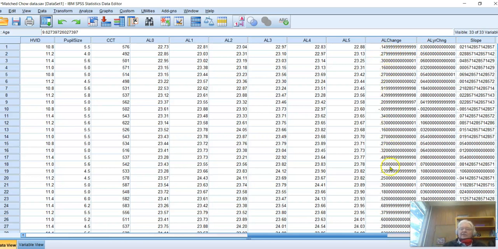And so that's the change. So a lot of people, instead of using the covariance, will use this change score. And there's actually nothing wrong with that, except that if people start in different places, then that can make a difference.